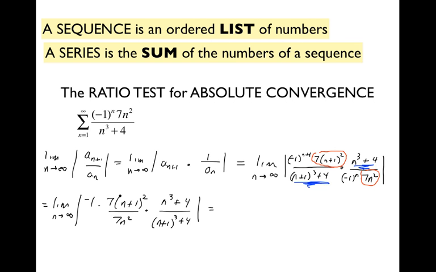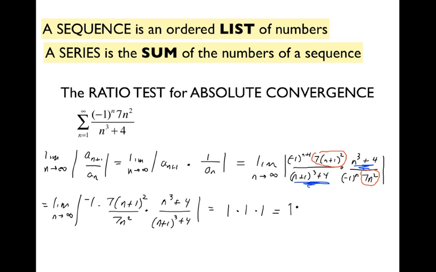What's our leading term here? Leading term is 7n squared over 7n squared. 1, right? So we're going to have 1 times 1. What's this? Leading term n cubed, also leading term n cubed? 1.